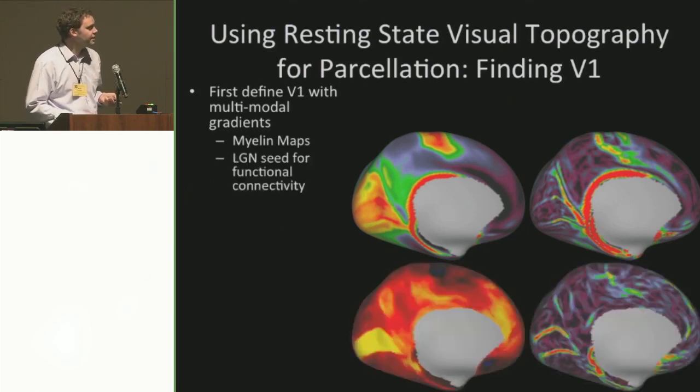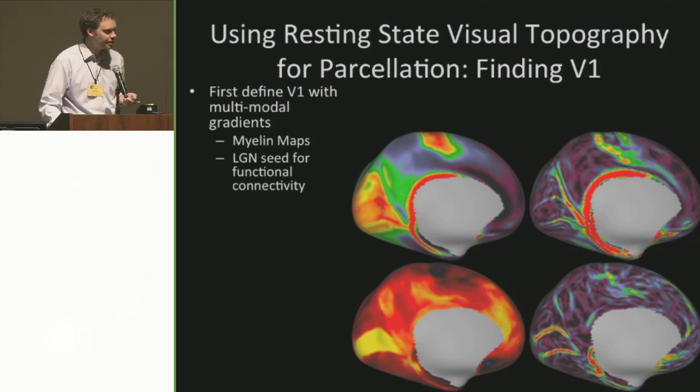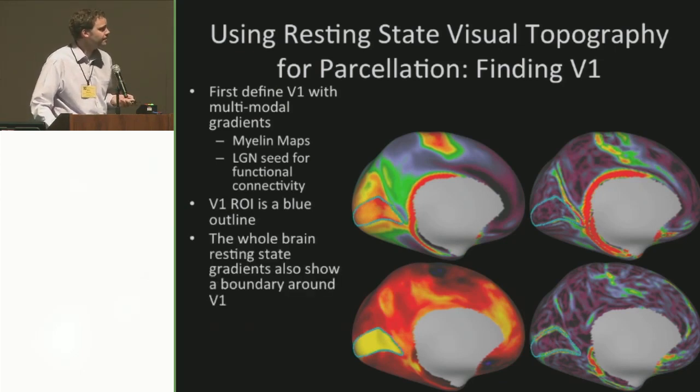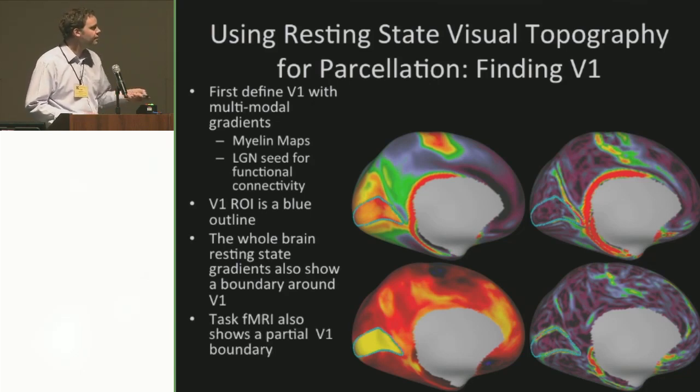And it turns out if we seed the lateral geniculate nucleus, the thalamic relay station of visual information, with functional connectivity, we get a very nice gradient that agrees with our myelin gradient. So we can identify V1 in this blue outline here. There are also a variety of other modalities, including the whole brain resting state gradients and task fMRI, that show boundaries in this same location for V1.